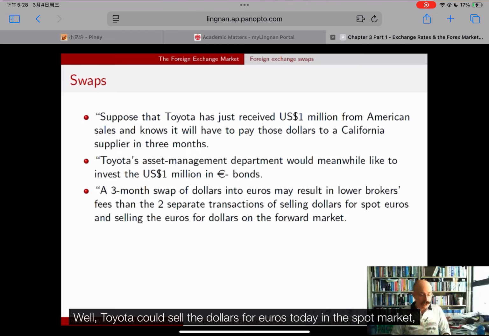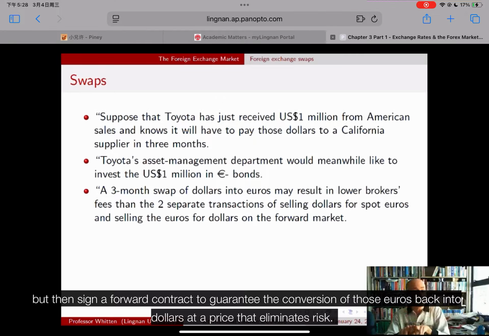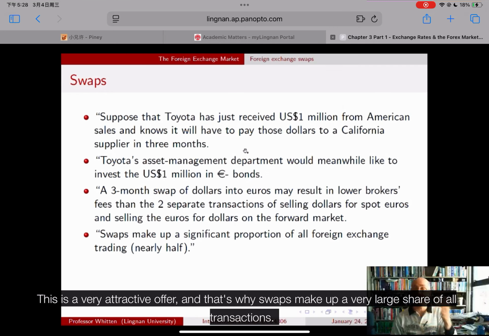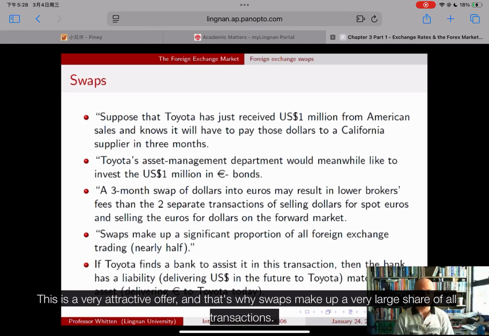Well, Toyota could sell the dollars for euros today in the spot market, but then sign a forward contract to guarantee the conversion of those euros back into dollars at a price that eliminates risk. This is a very attractive offer, and that's why swaps make up a very large share of all transactions.